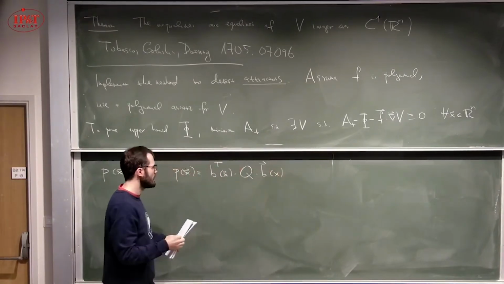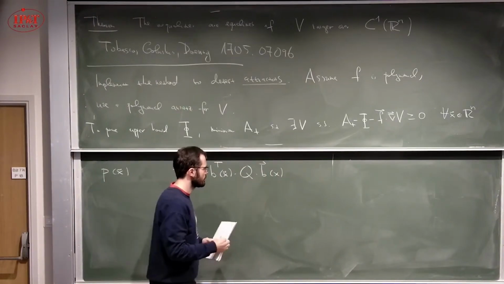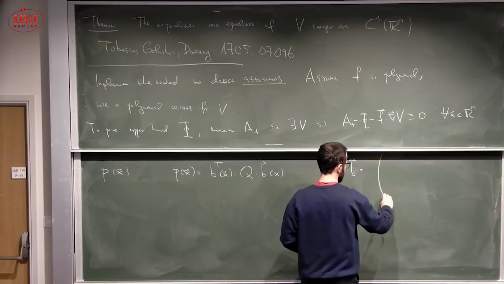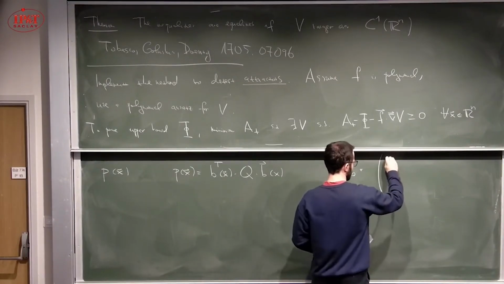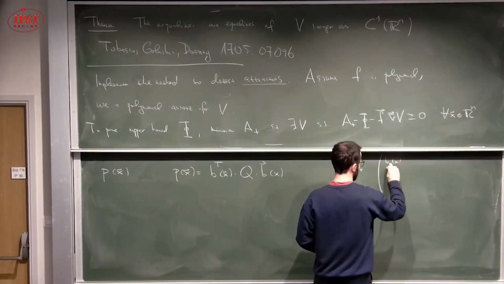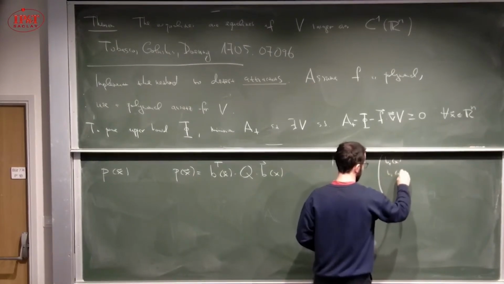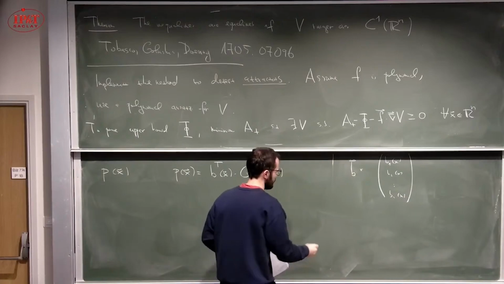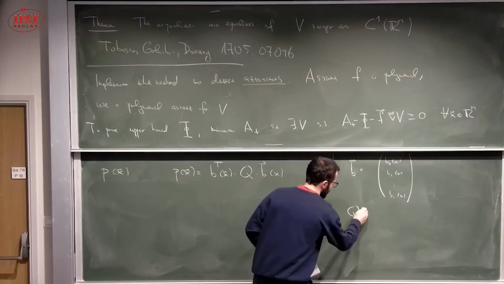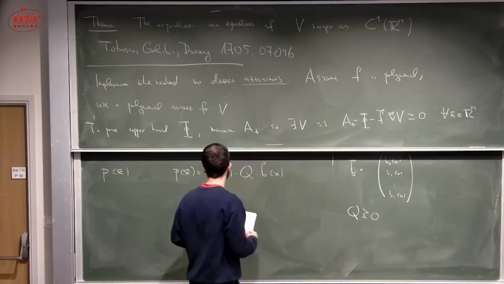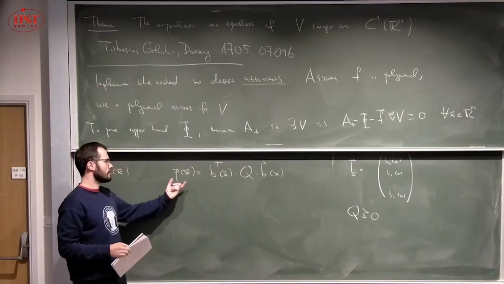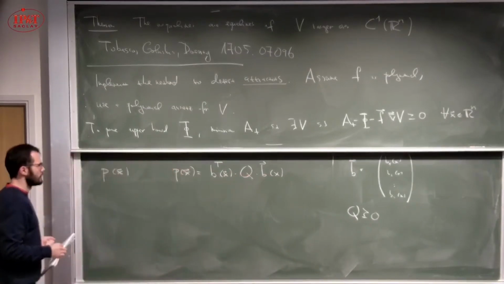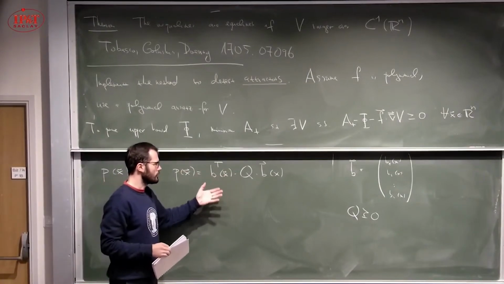So B is a vector of polynomials, where each of these B's is a polynomial. And if there's just a constant matrix which is positive semi-definite, then you get a polynomial which is positive everywhere. So this is what we are going to use.